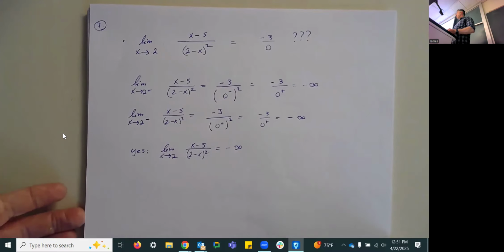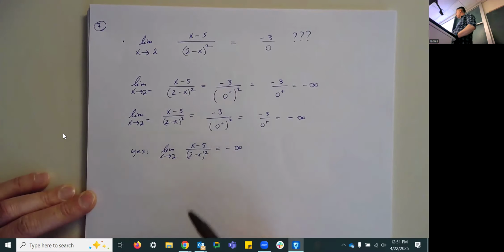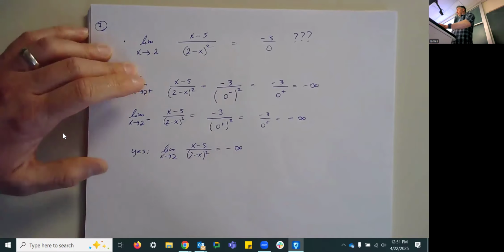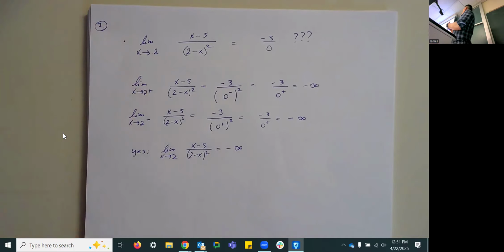I'm trying to avoid saying that this limit exists because technically it does not. Since the left-hand and the right-hand side limits are going towards the same infinity, we would also say that the double-sided limit goes to the same infinity.